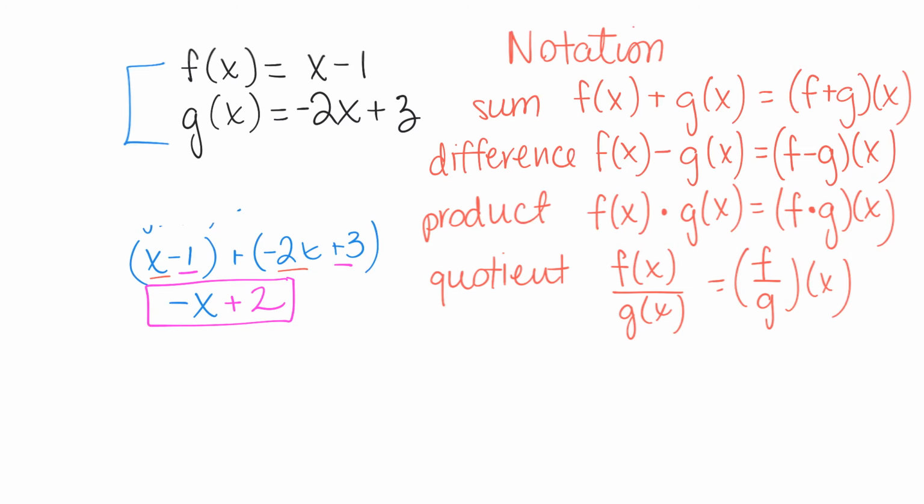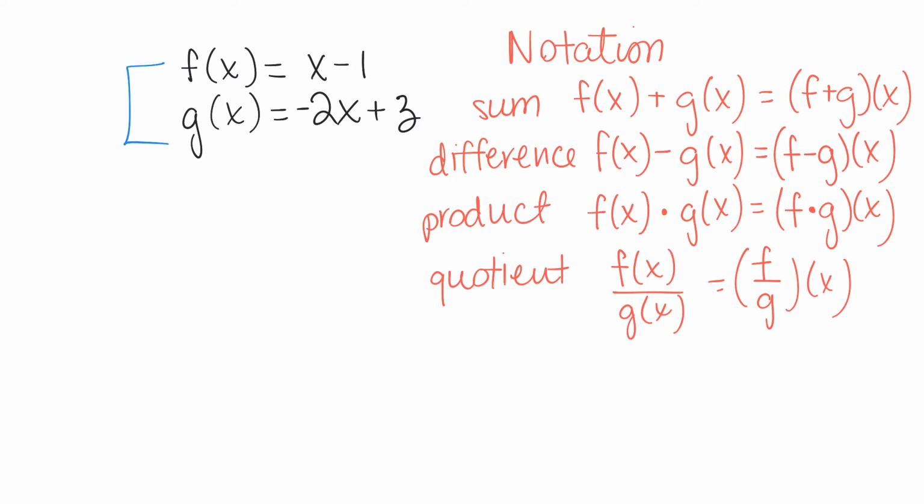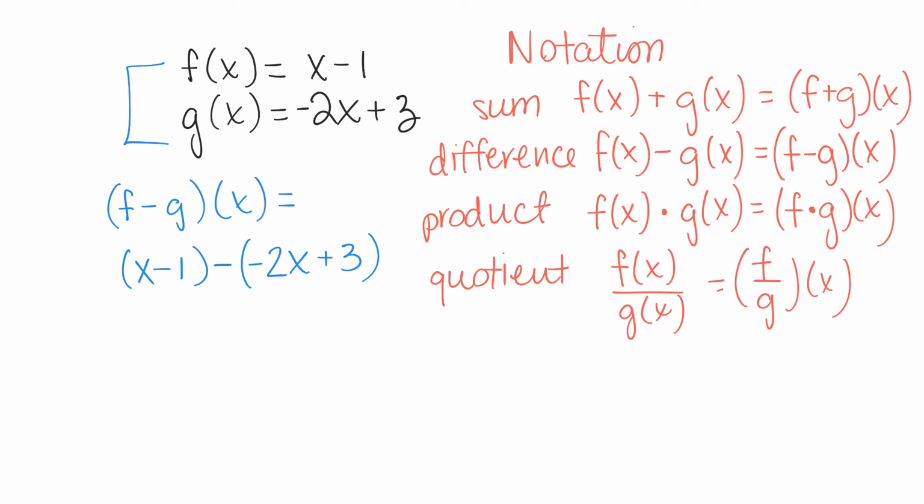Now, always being a little trickier is our friend subtraction. So if we were looking for the difference of functions here, we would say x minus 1 subtract negative 2x plus 3. If we do this, we need to make sure we subtract each term.